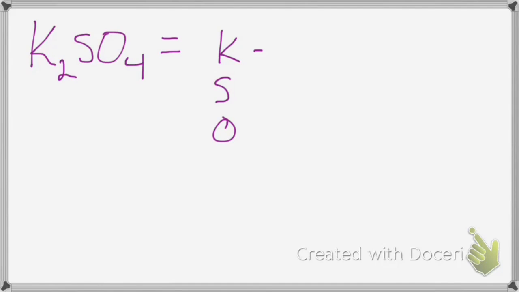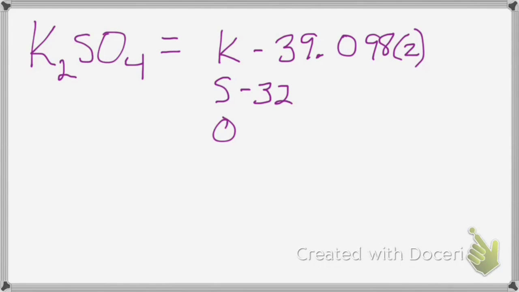So what did we say? 39.098, but I had 2 of those, right? So we need to multiply. We'll have to times that number by 2. Sulfur, because that's what the S is, 32.066. Okay, we only have 1 of those. And then the oxygen is 15.999. And then I had 4 of those, so we have to multiply by 4.